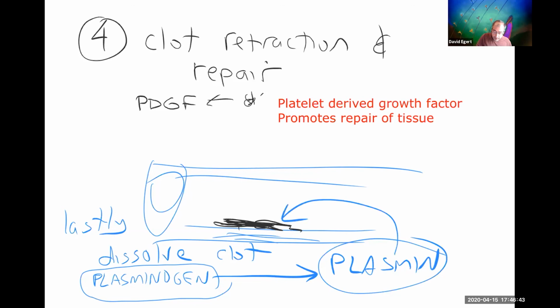And plasmin is the stuff that dissolves the clot. So those are the different steps. In fact, the very first biotech drug ever approved for actual use was TPA, which I think is still made by Genentech.